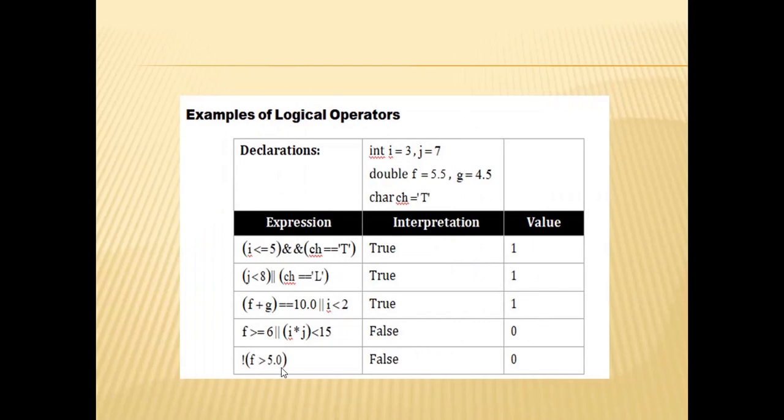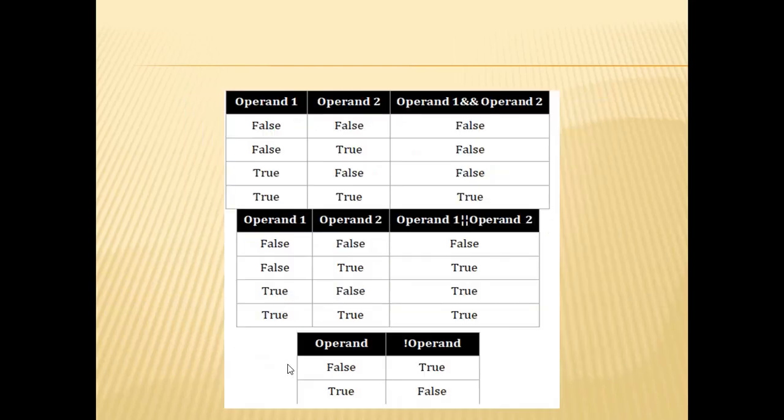So here it is the NOT operation. If you evaluate this, f is greater than 5.0. Yes, 5.5 is greater than 0, so this case is true. Whenever we perform the logical NOT operation on true, it gives false.